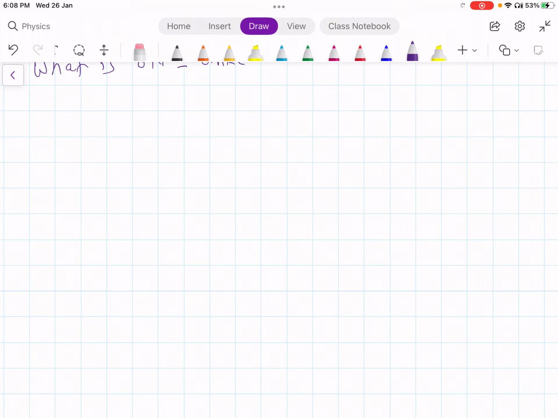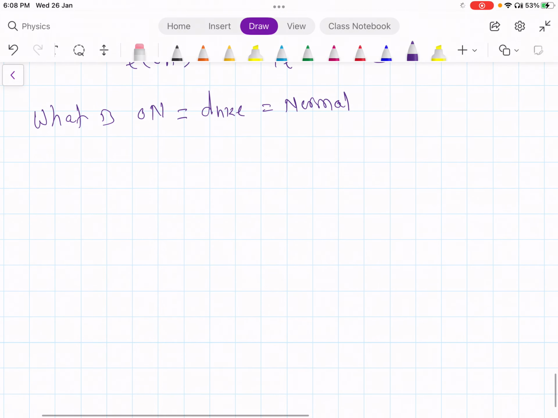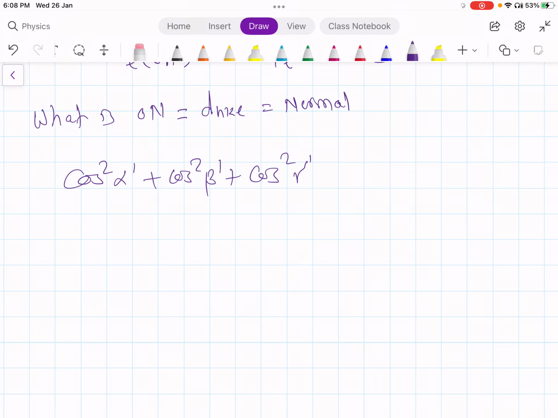And you know the trigonometric equation that cos square alpha dash plus cos square beta dash plus cos square gamma dash is equal to 1.